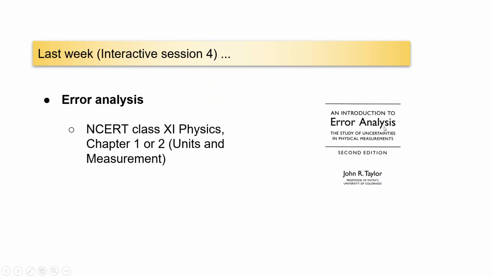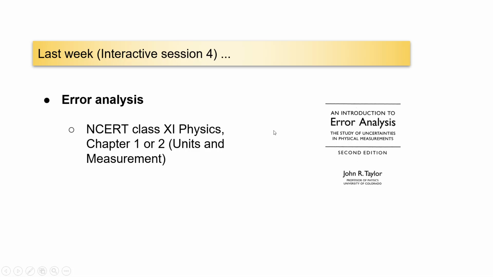In the last session, that is the fourth interactive session, we discussed error analysis and solved problems based on this topic. For reference, one book is titled An Introduction to Error Analysis by John R. Taylor.